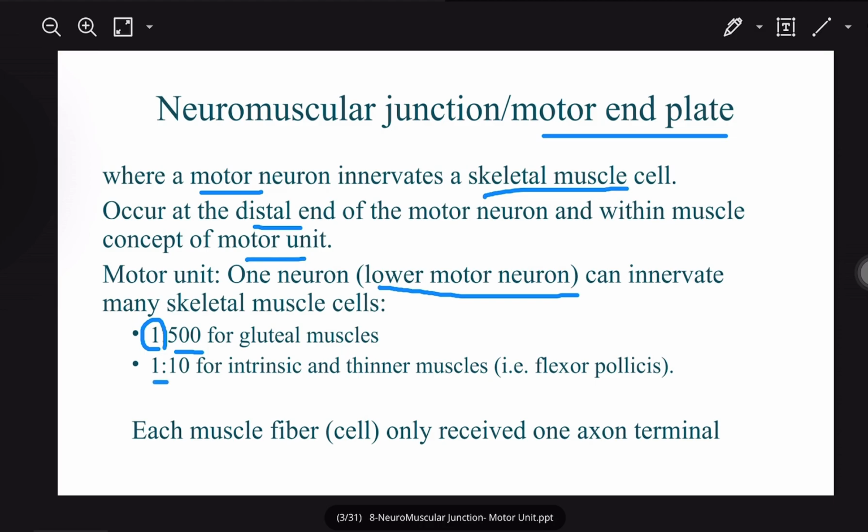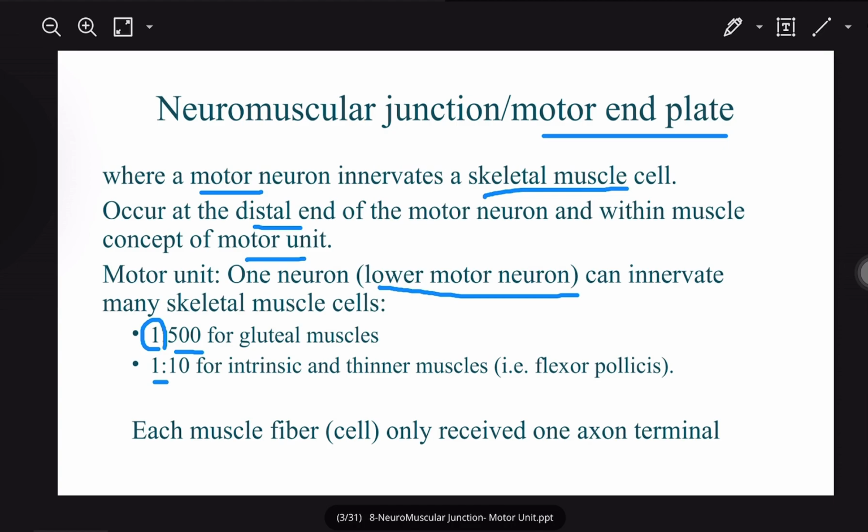One neuron can connect to 10 for the intrinsic and thinner muscles. Remember, we have large muscles and small muscles. If the muscle is large like the gluteal, we need more connections to it, so we need a lot of space to innervate or connect. Whereas if the muscle is small and its space is small, we will have fewer. That's with the thinner muscle. But the main concept is that one neuron can connect to many skeletal muscle cells, not multiple muscles.